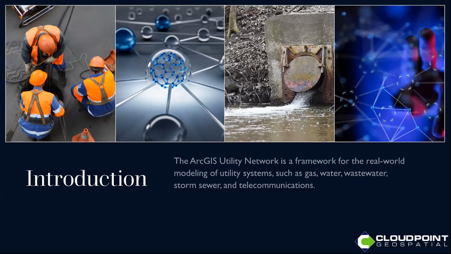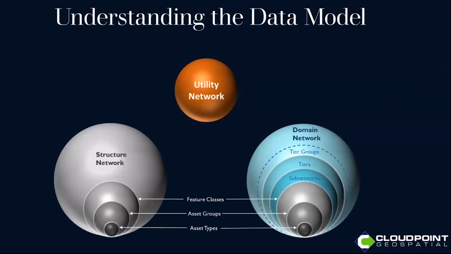And that allows us to model containment associations, structural attachments. We're able to have terminal connections on our pumps so that we get a better real world picture of what our utilities are actually functioning like in the real world.